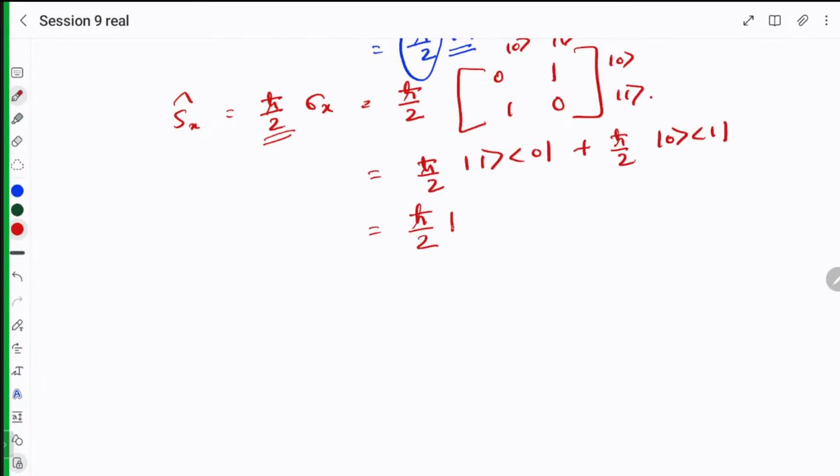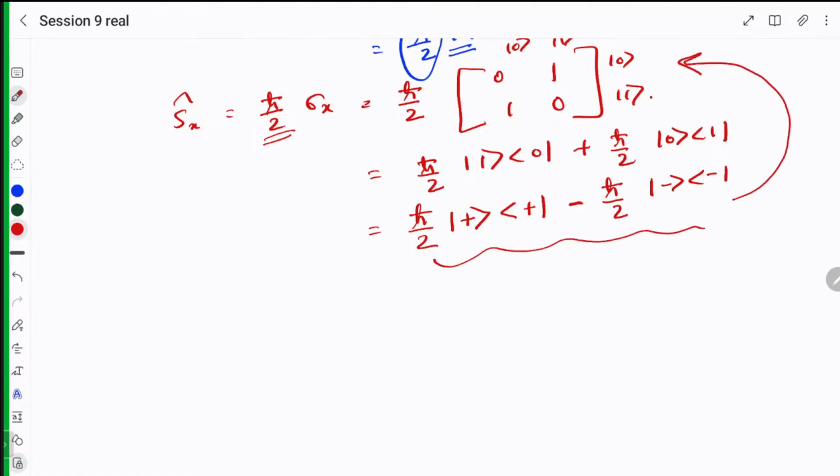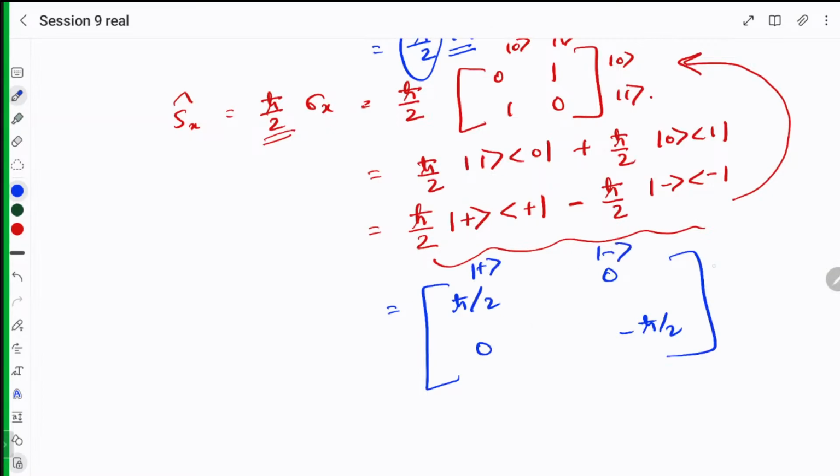Corresponding to plus h cross by 2, I know that sigma x has the eigenvector |+>, so I'll write h cross by 2 |+><+| minus h cross by 2 |-><-|. If you calculate this, it will again give you the same matrix in the |0>, |1> basis. And if you want to write this matrix in the plus-minus basis, then it would be like this.